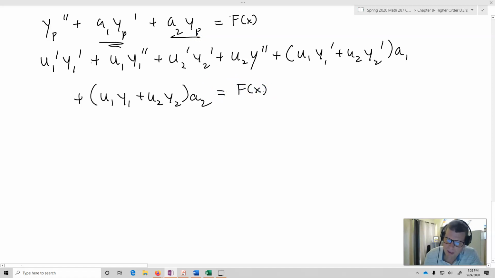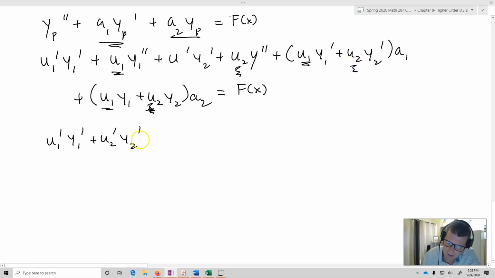Now what I'm going to do is first take out this u1 prime y1 prime plus u2 prime y2 prime. And now I'm going to group together all of my u1 terms and all of my u2 terms, not that one, excuse me, just the u1 and the u2 terms.